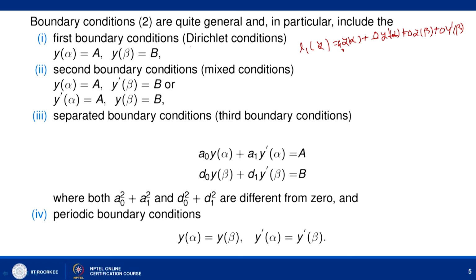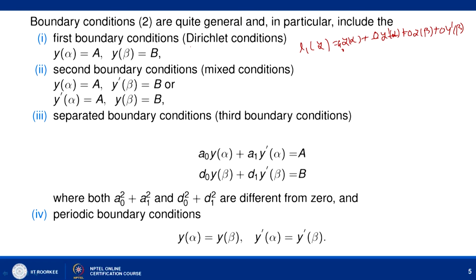So, in the first boundary condition or Dirichlet condition, your function is given some value at the end point. Then the second boundary condition, which we call mixed boundary conditions, is where the function as well as its derivative is defined at the end points. One kind of mixed boundary condition is y alpha given as A and y dash beta equal to B. It means that at one point your function is given and at the other point your derivative is given.